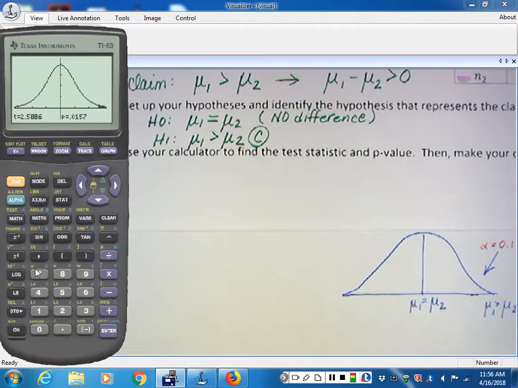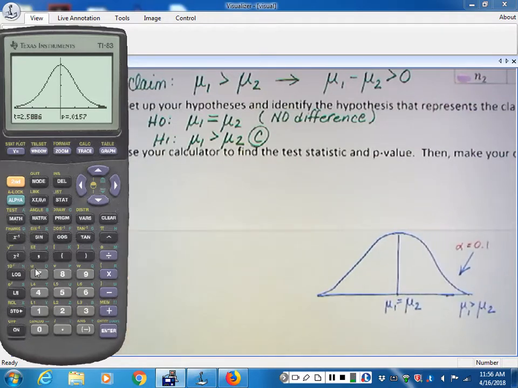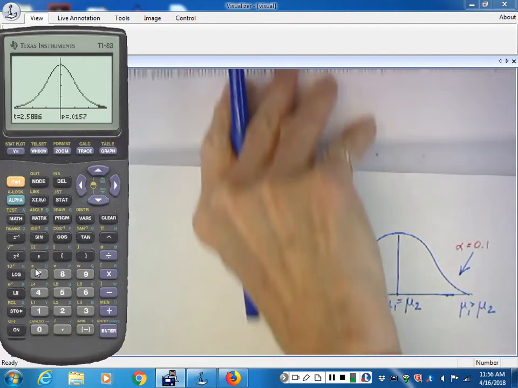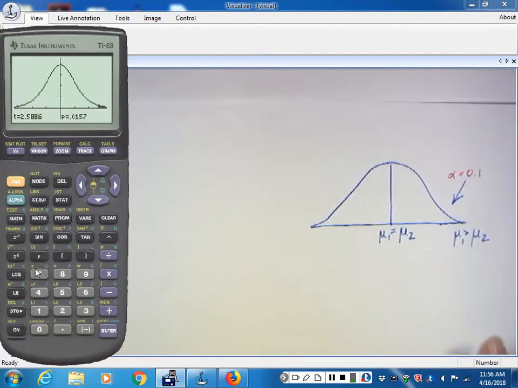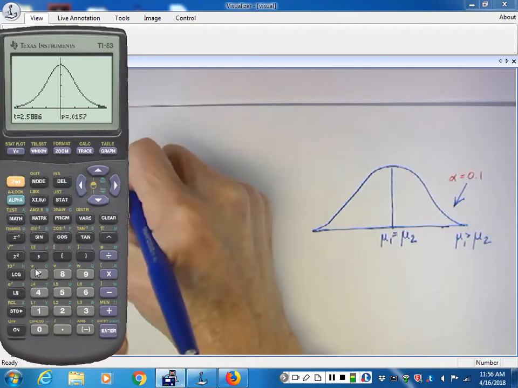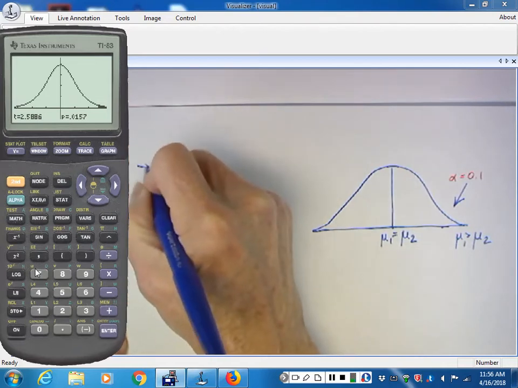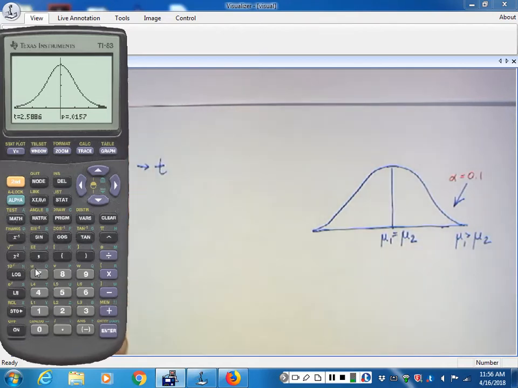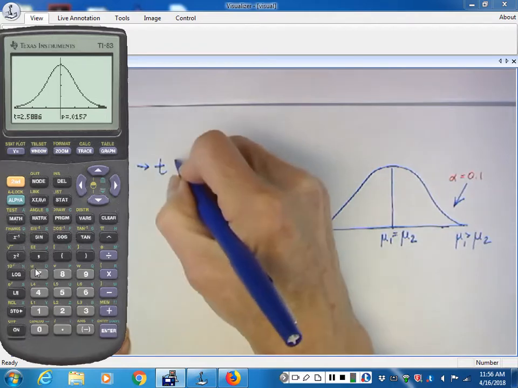And then the information we have from the test says that our test statistic, which is a t-value, is 2.5886.